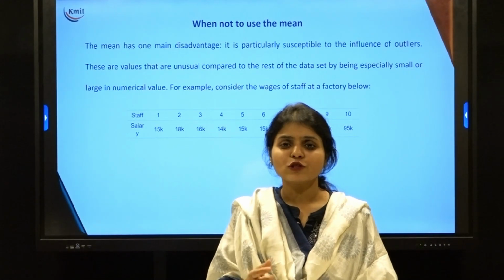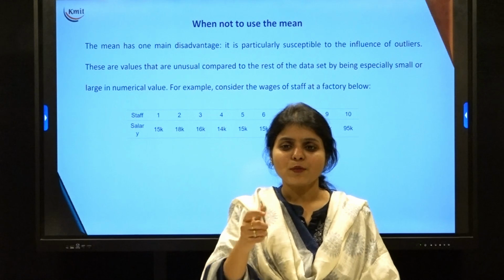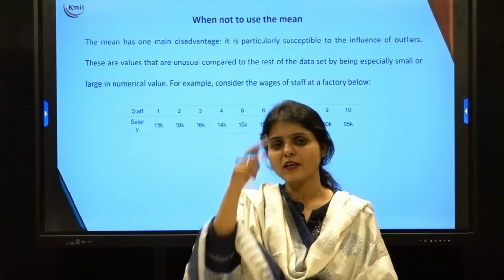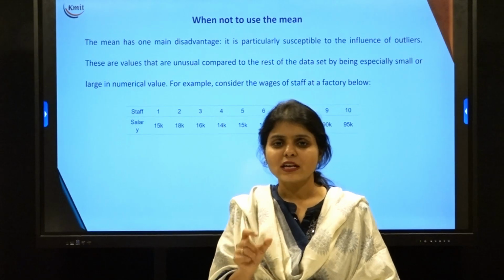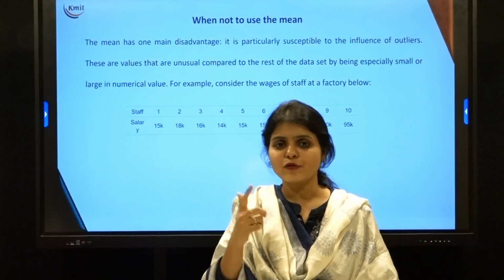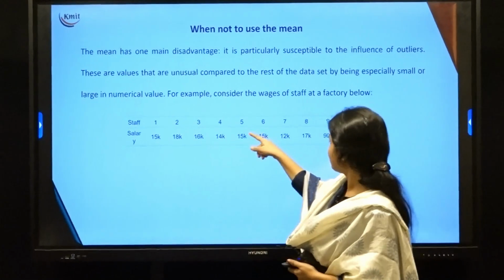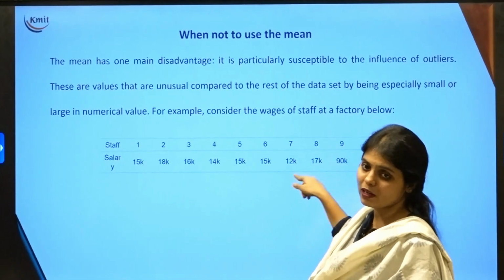All of us know what outliers are, right? Suppose I have 100 values in the data set where one value is totally different when I compare it to the other 99 values. That value which is totally different is called an outlier. Let us see an example. Here I have the details of 10 staff along with their salary.